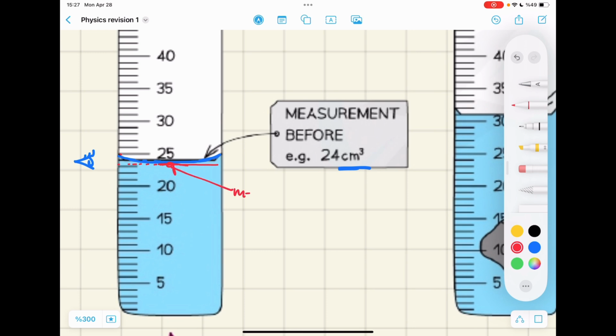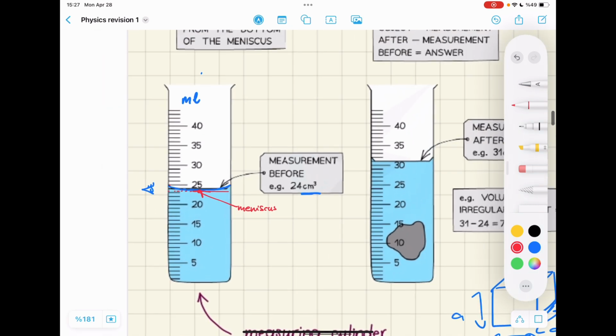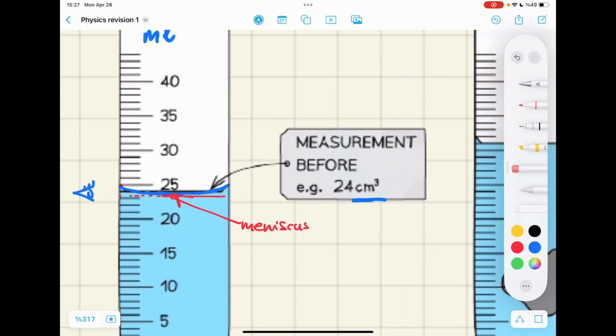It's called the meniscus, and you will measure it from that perspective, and you will say here, in this case, let's see, because I made it a bit complicated. Let's see, here it's going to be 20, so this is between 21 and 25, so it's going to be 24.